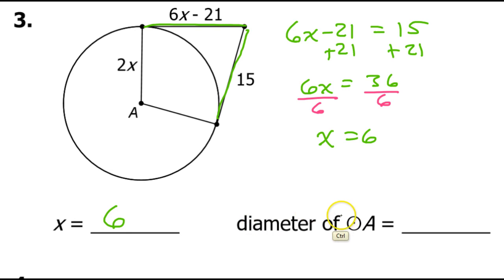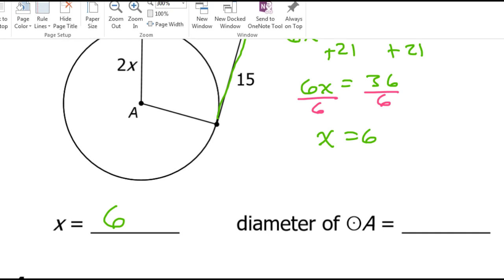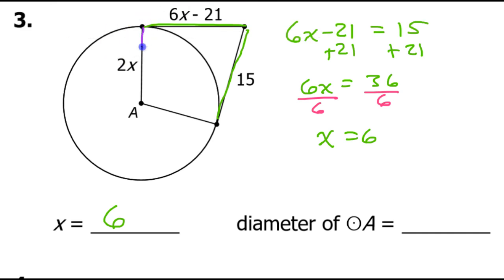Now it's time to find the diameter. Well, let's start by knowing the radius. The radius is right here. That's 2x. Since x is 6, that means 2 times 6, so the radius is 12.